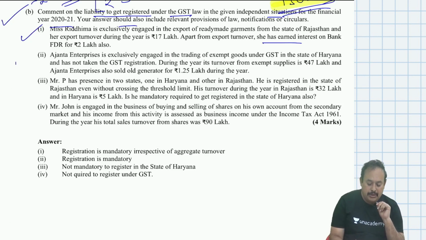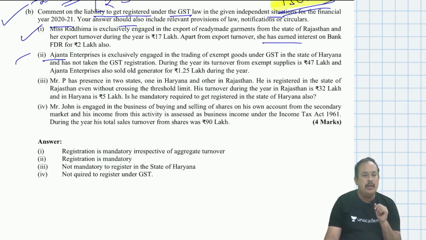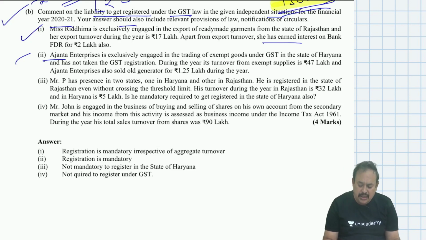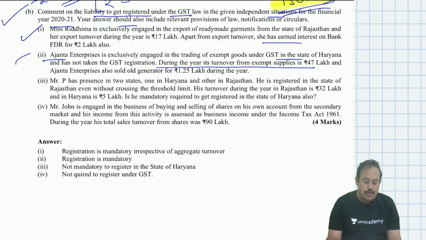Also, point number 2, Ajanta Enterprises is exclusively engaged in the trading of exempt goods under the GST in the state of Haryana and has not taken the GST registration. During the year, its turnover from the exempted supply is 47 lakh, and Ajanta Enterprises also sold an old generator for 1,25,000 rupees during the year.